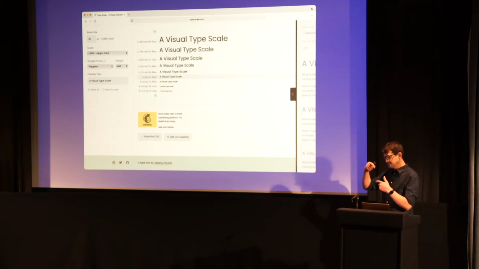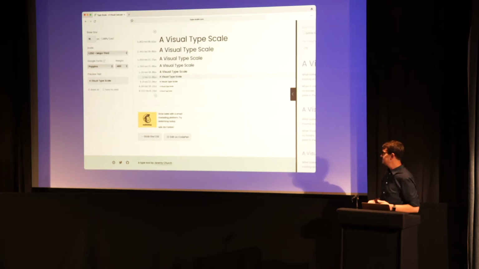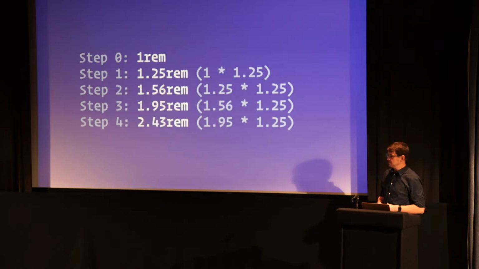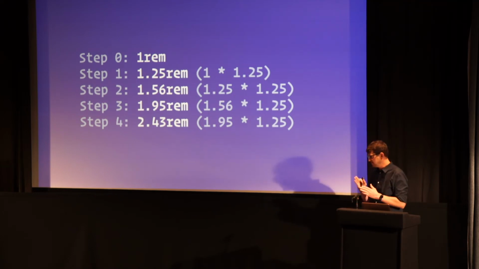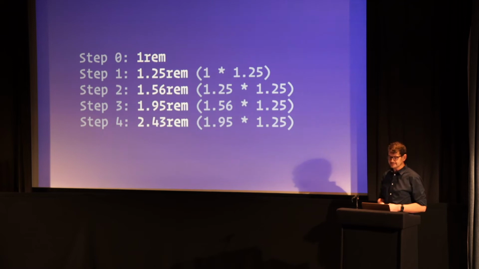So as you go up the scale, you multiply the previous size by 1.25, and that's how you get that lovely linear curve between sizes. And if you break that down into how the sizes work, you can see the mathematics that go with it, and with the major third especially, you get a nice, shallow linear curve between sizes.